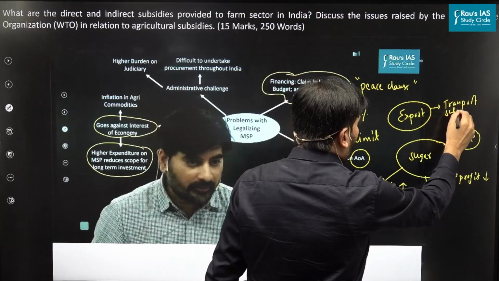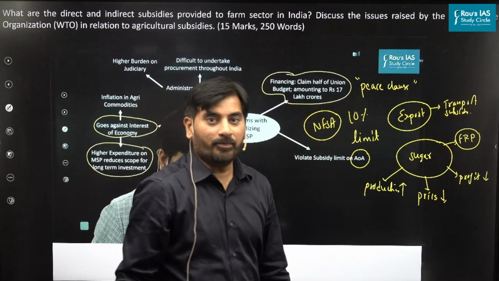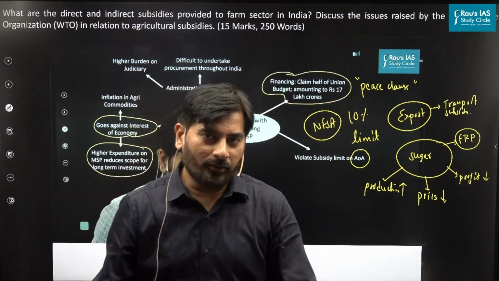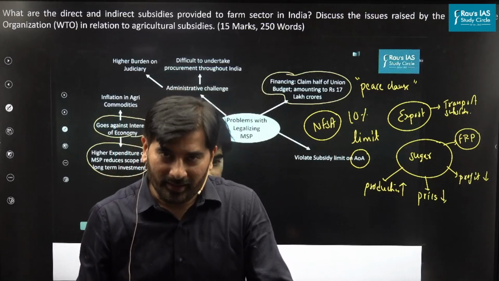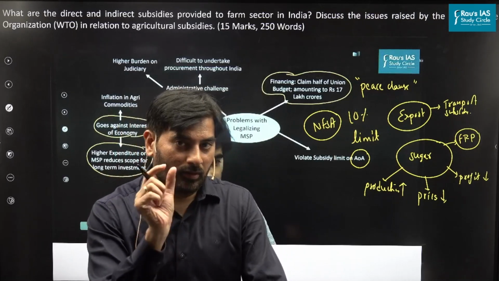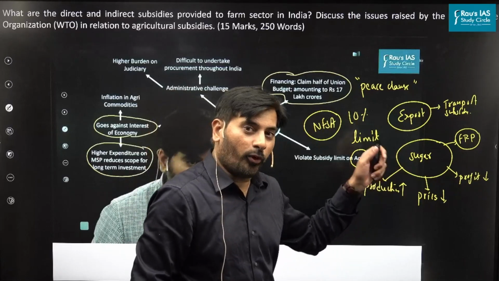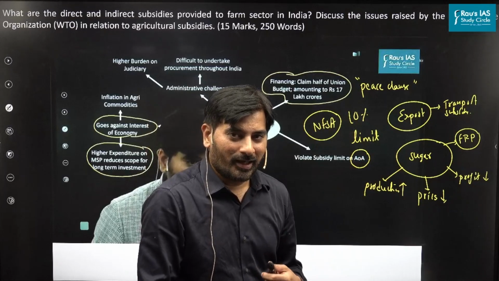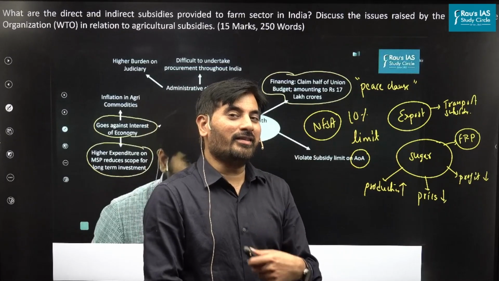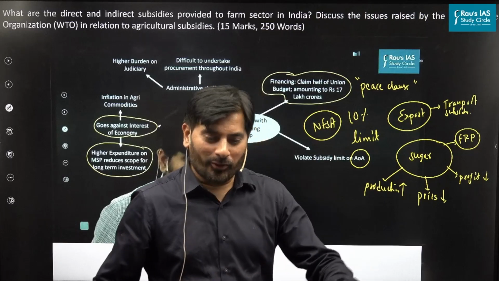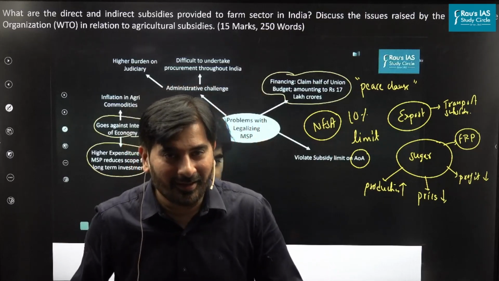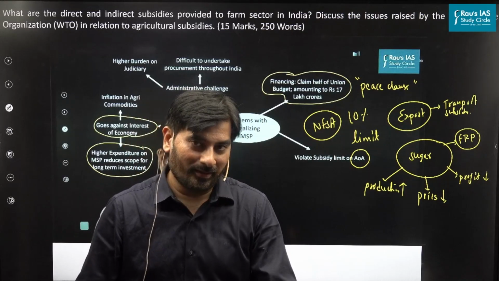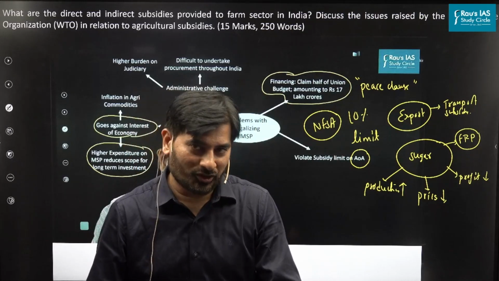That is, the government provided a transport subsidy to the sugarcane industries so that the sugar can be exported to other countries. But one of the pillars of the agreement on agriculture prohibits countries from providing export subsidies. So that is why WTO had raised an issue with respect to export subsidies provided by the Indian government on the export of sugar. So this was another important aspect of the second dimension of the question.